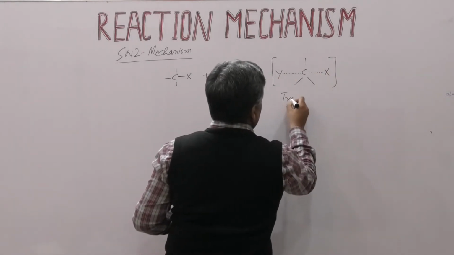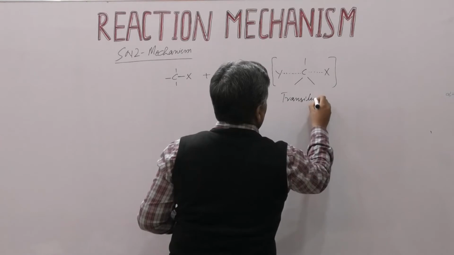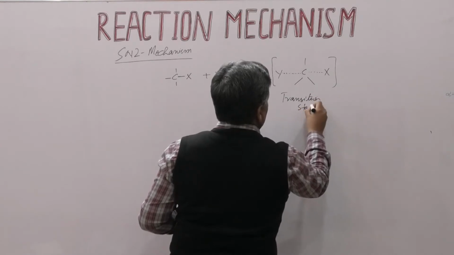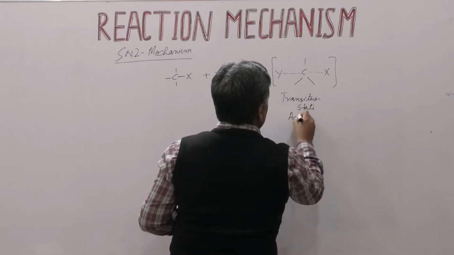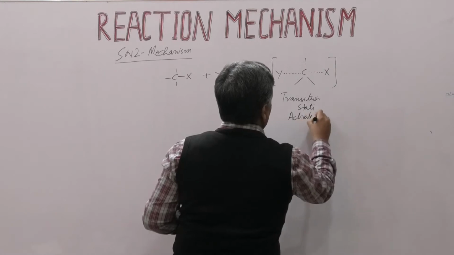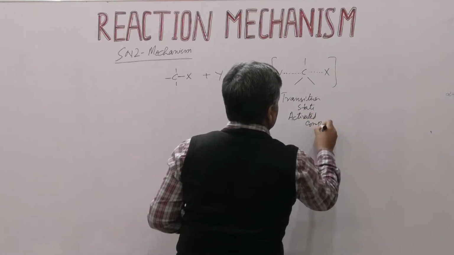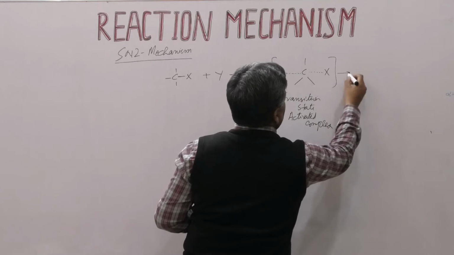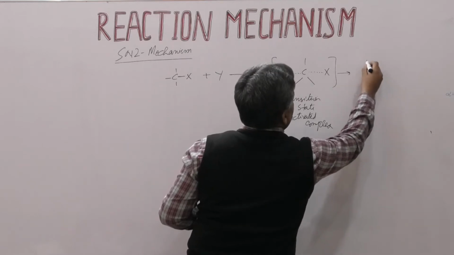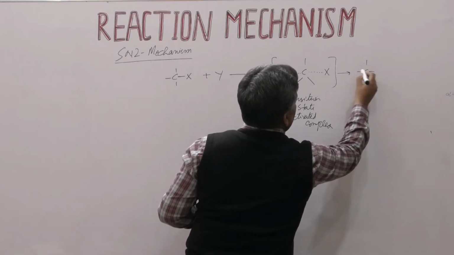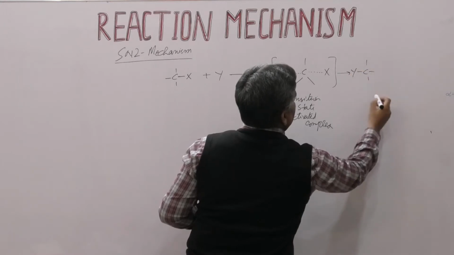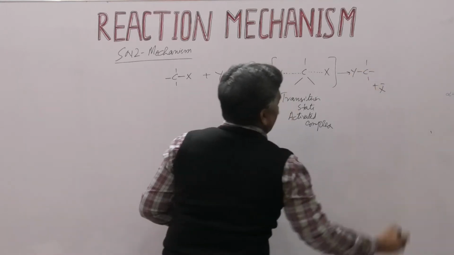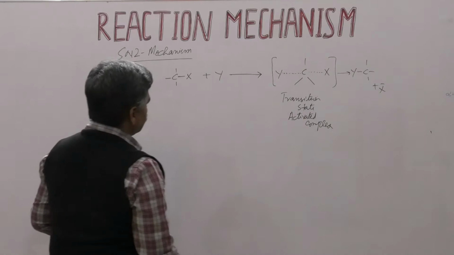This is the transition state, sometimes called the activated complex, and then our product CY plus X negative.